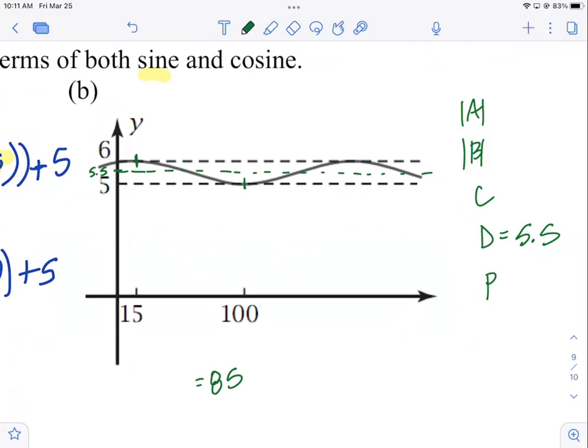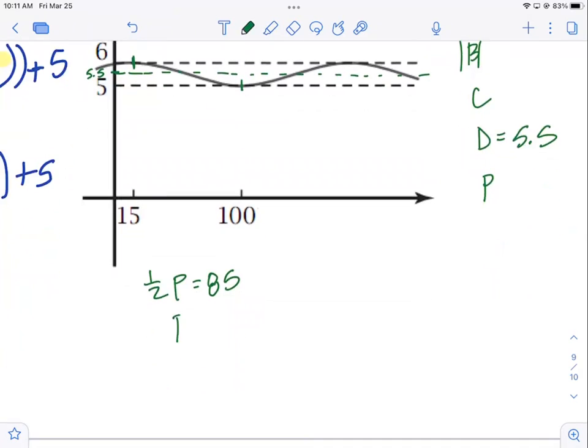We saw yesterday was 3/4. This one, from a high point to a low point, what fraction of a period is that? 2/4, right? Or a half. Yeah, it's a half. So that's a half of a period. If a half of a period is 85, the full period is twice 85, which is 170.